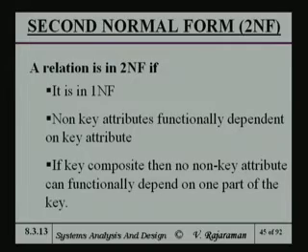If key is composite, then non-key attribute can be functionally dependent on one part of the key. In other words, if there is a composite attribute, the composite attribute together should determine the other attributes, and not a portion or part of the composite attribute.